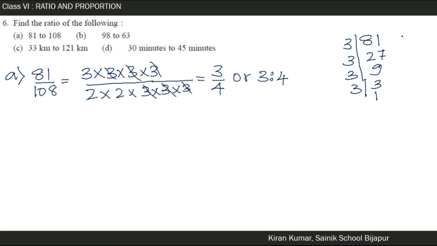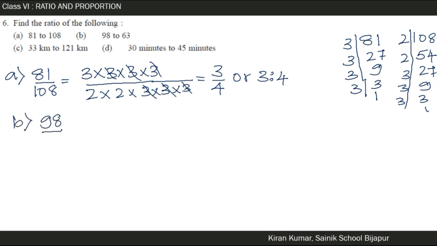Now let me consider 108. 108 is an even number, so I can divide it by 2 twice, then 3 27 times, 3 9 times, 3 3 times, and 3 1 time. This is how I can express it as a product of primes. Or if you want to divide continuously by 3, there is no problem in that. This is a simple method.